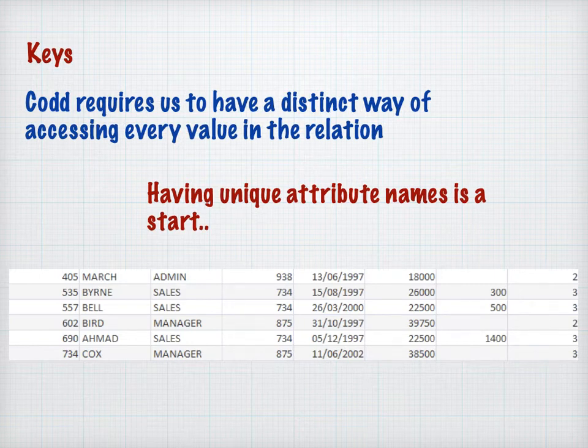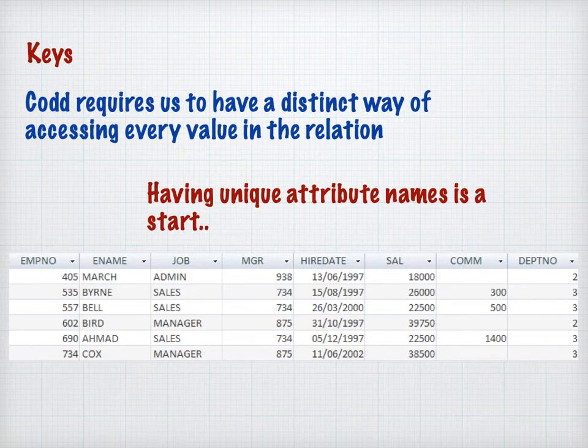Now, how do we actually gain access to parts of this table? Well, if we want to gain access to individual columns, we know from our previous work that each column has a unique name, a unique attribute name. For this relation, every column, every attribute will be unique.